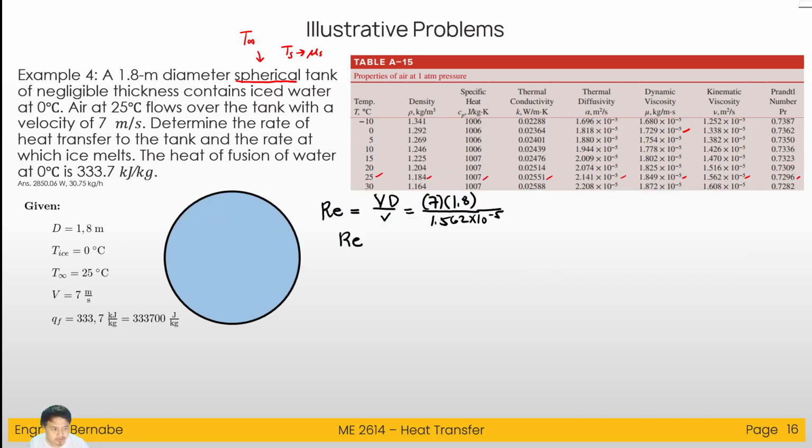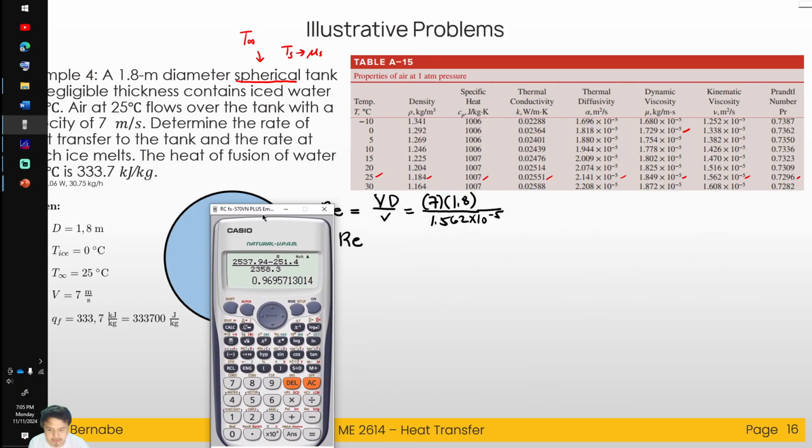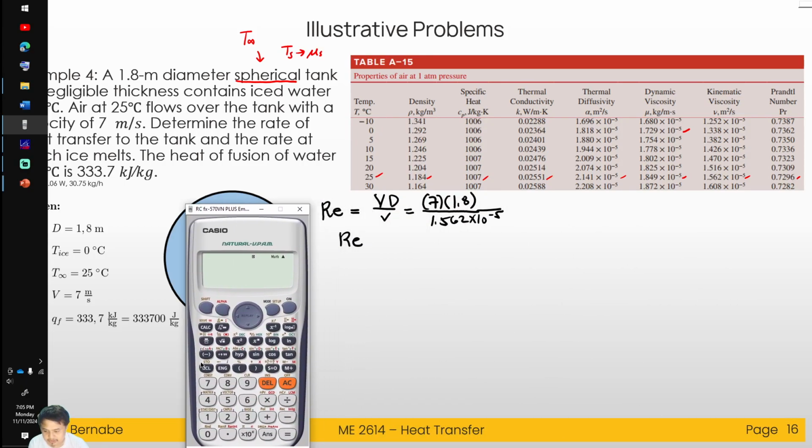So you need your calculators. You have 7 times 1.8 divided by 1.562 times 10 to the negative 5. Okay, so you have 806,658.